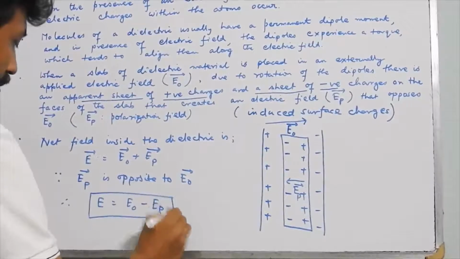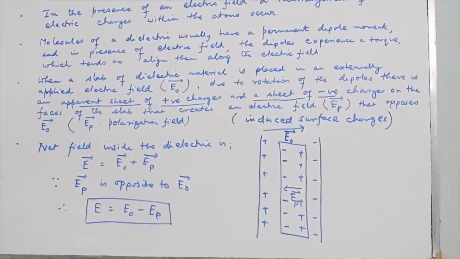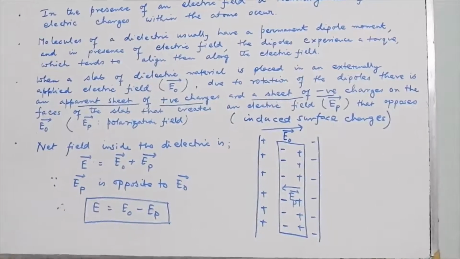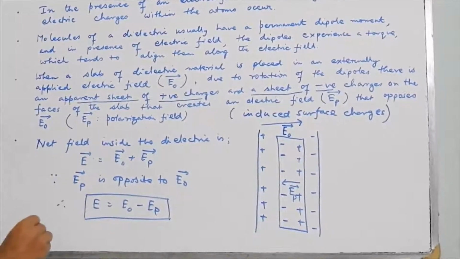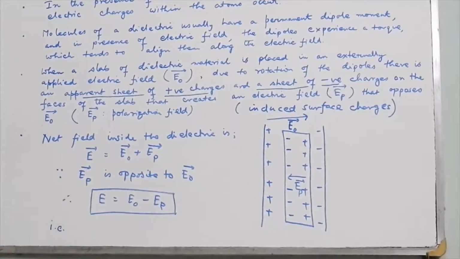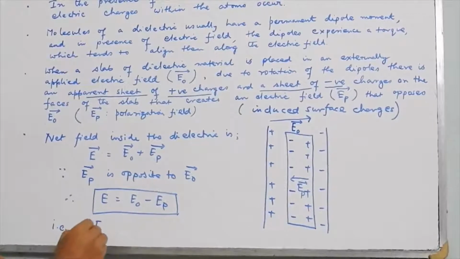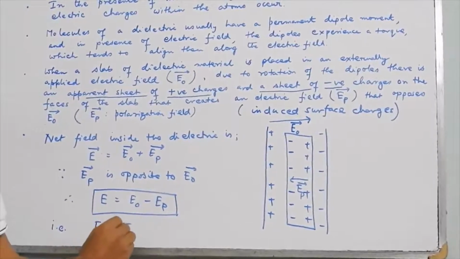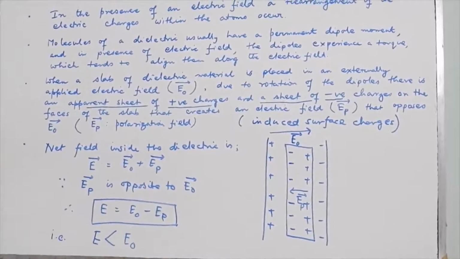Hence, the dielectric has reduced the field E0 to the value E. So now the field within the dielectric is E, which is obviously less than the externally applied electric field.